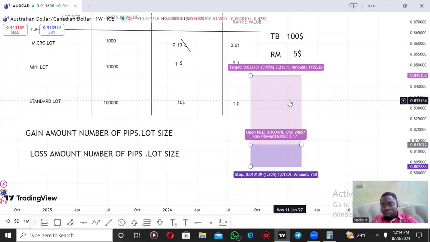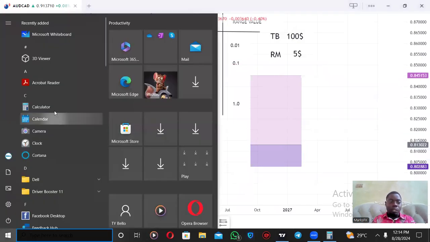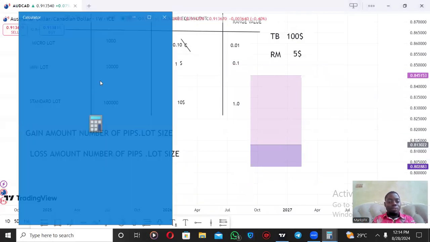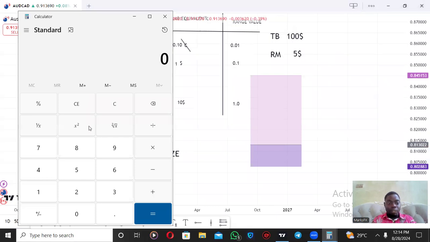Now, this risk to reward ratio, you can see that is 3.17. So technically, if price goes in your favor, you are going to get 3.17 times 5. That is your budget. So you are going to get $15.85.